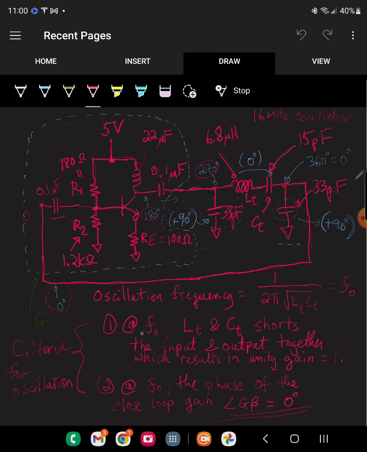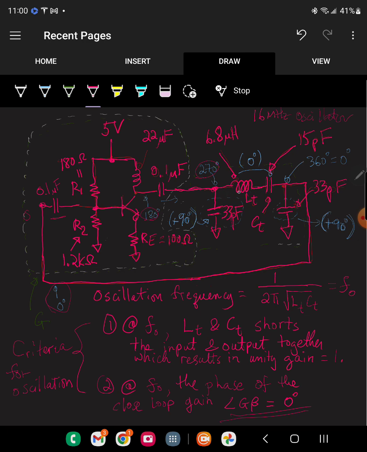Now, how do we get to the first criteria where we have to have a unity gain, or a gain of 1? The closed loop gain has to be 1. Well, let's take a look at the circuit here. You realize there's this feedback network that connects the output, which is here, to the input, which is right here. This is also a short circuit because this cap is so huge. So this tank is a series LC.